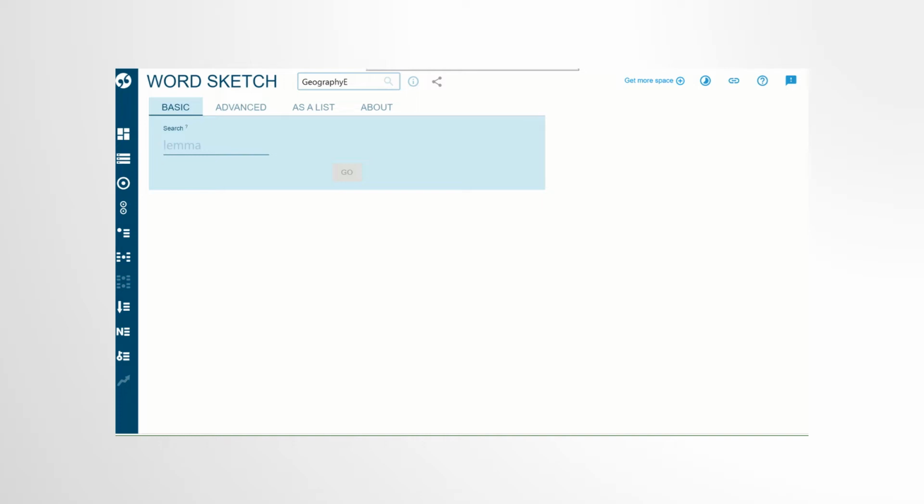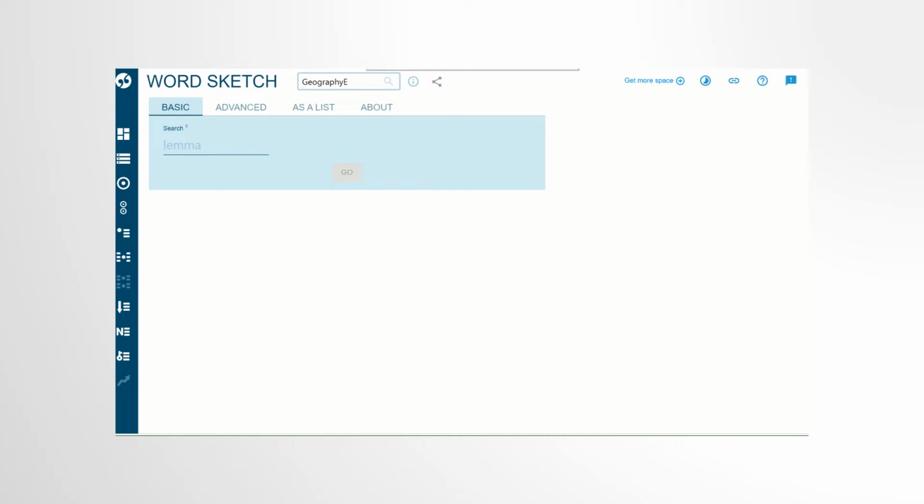And for that purpose we're going to use the word sketch function first of all to investigate what sort of environment the noun mention usually occurs in.